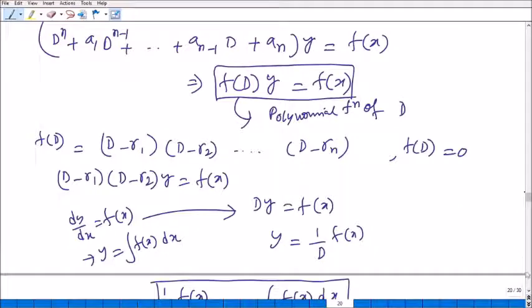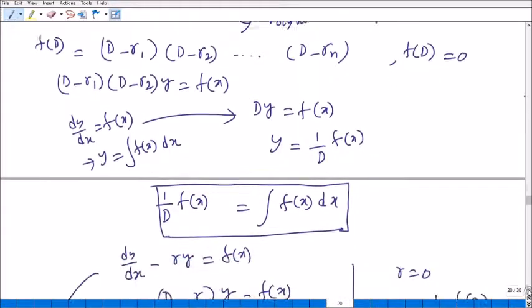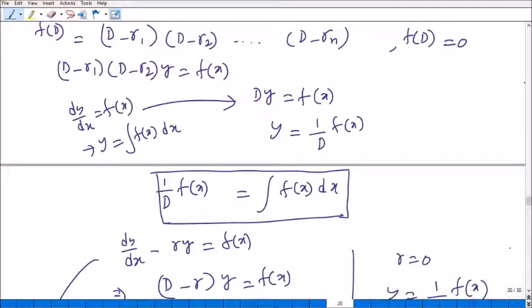Now, there are different techniques used in this operator method to find the particular solution of the non-homogeneous differential equation. These are the method of successive integration, partial fractions, and series expansion.